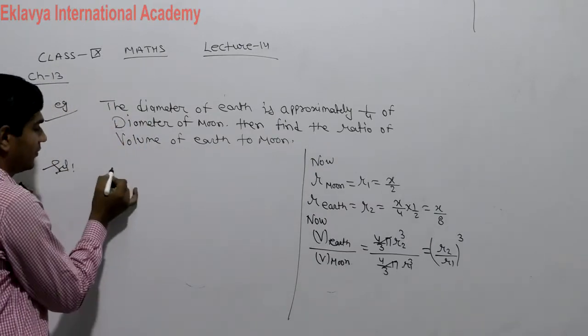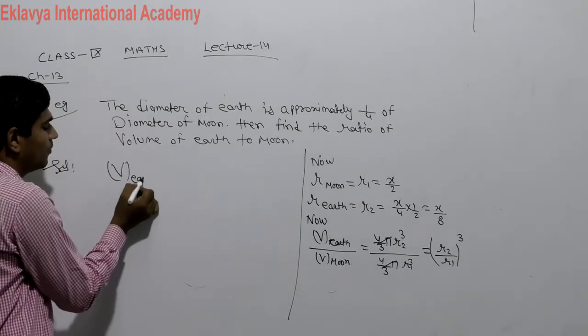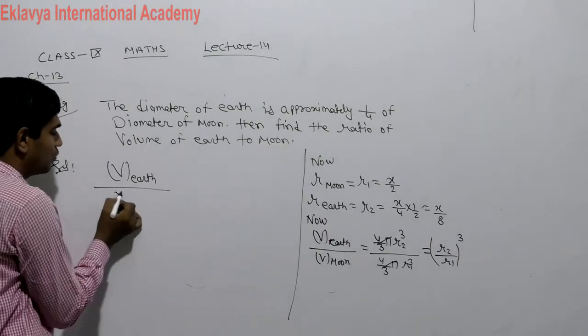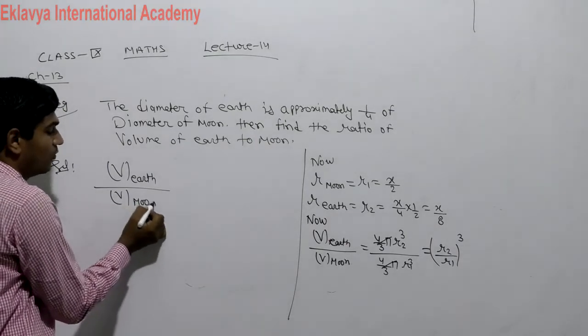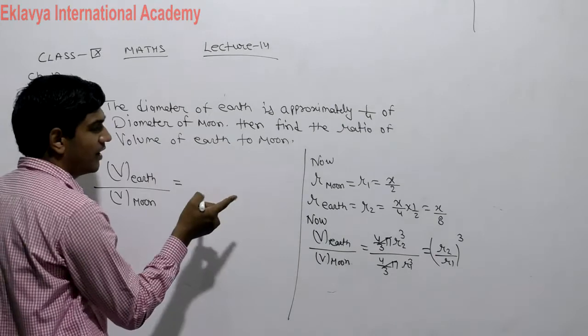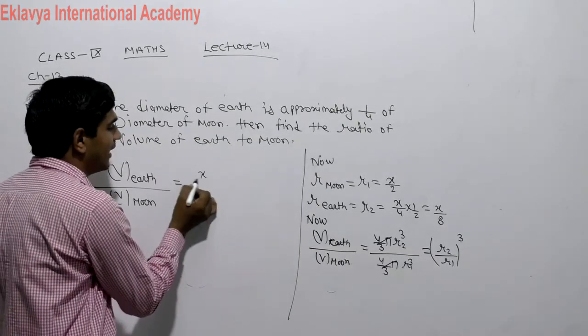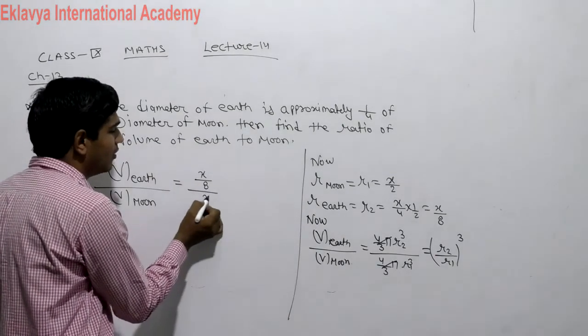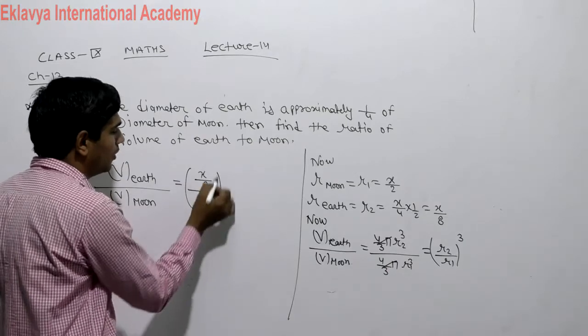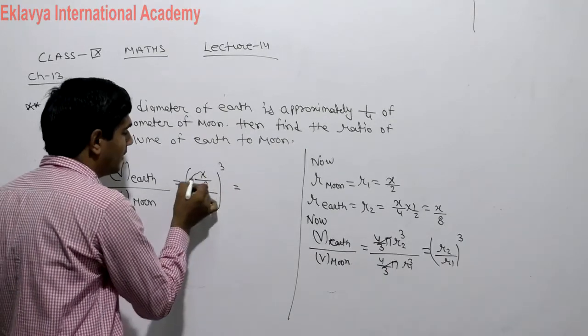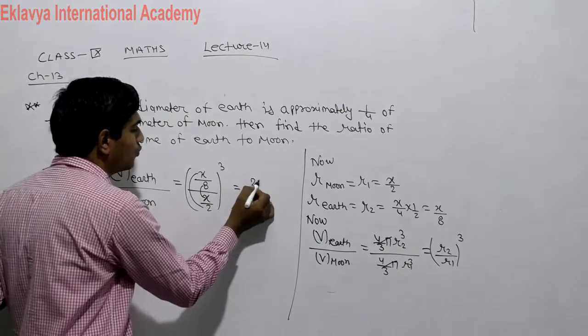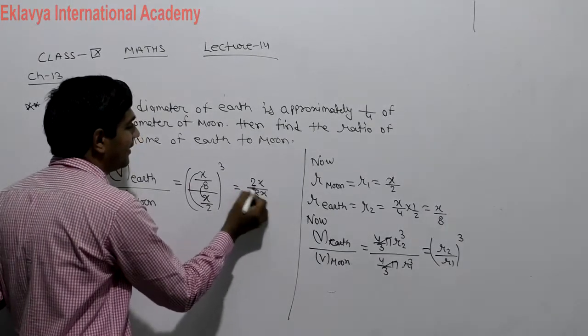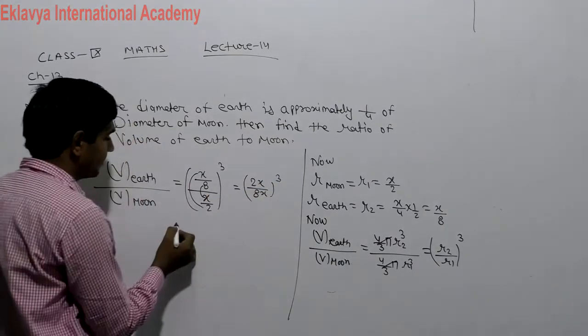So after substituting the values, volume of earth to the volume of moon is equal to, what is the value of R2? R2 value is x by 8, R1 value is x by 2, whole power 3. So 2x upon 8x is equal to, whole power 3.